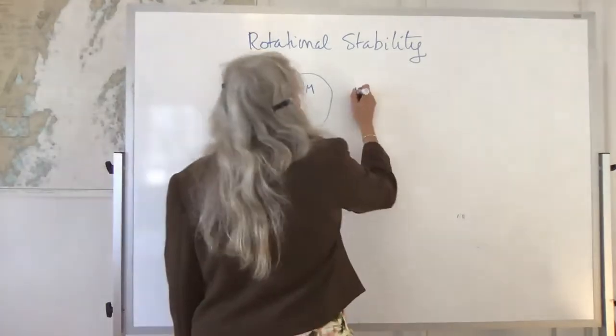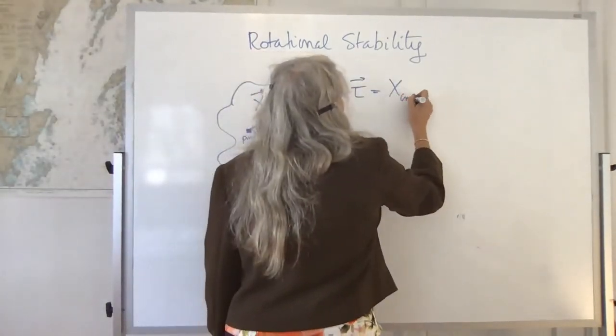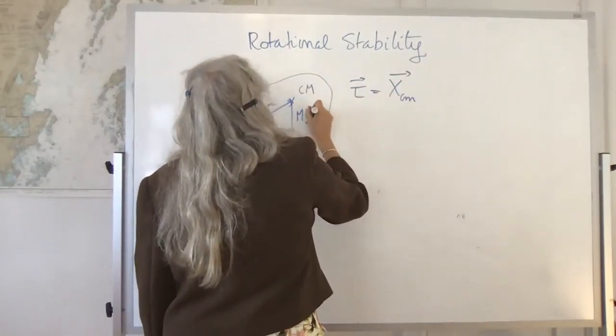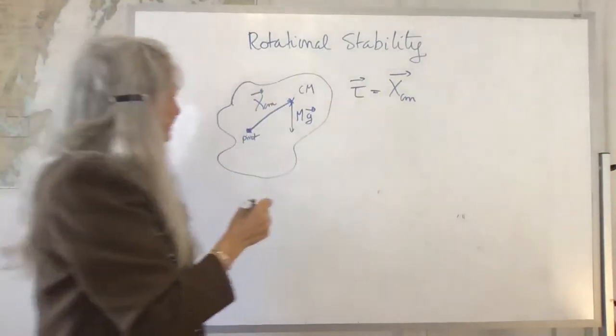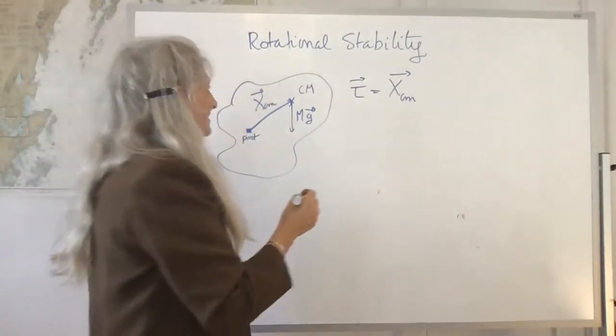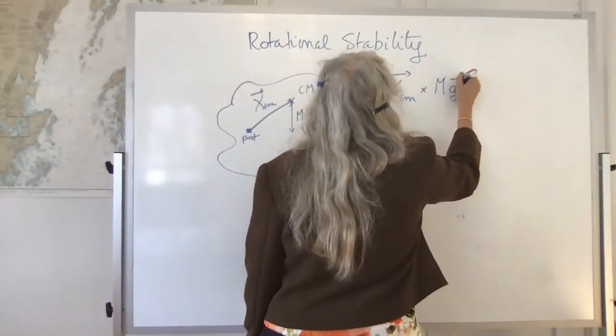So the torque is x center of mass cross mg, where g is the vertical vector, the gravitational acceleration pointing down.